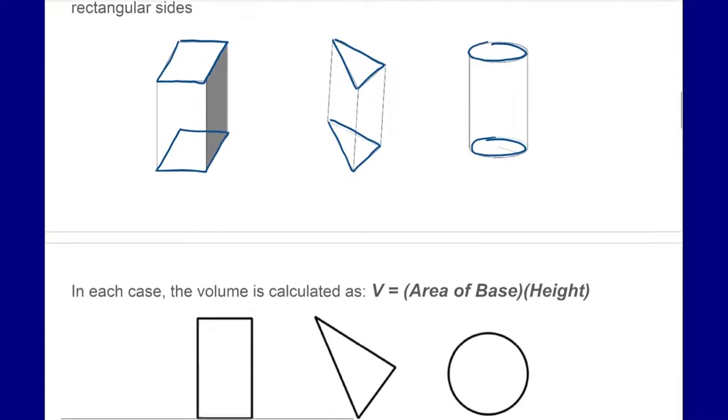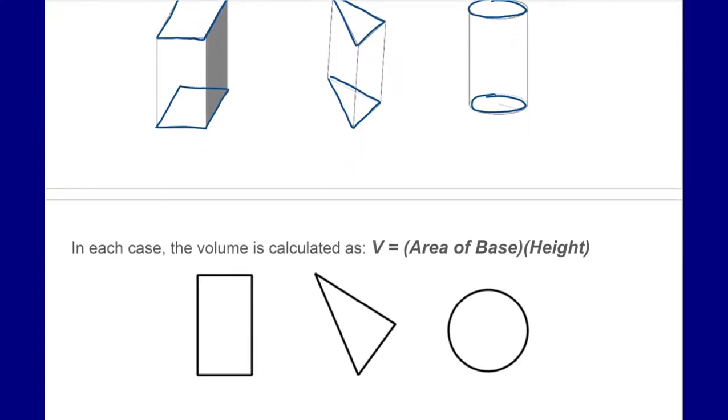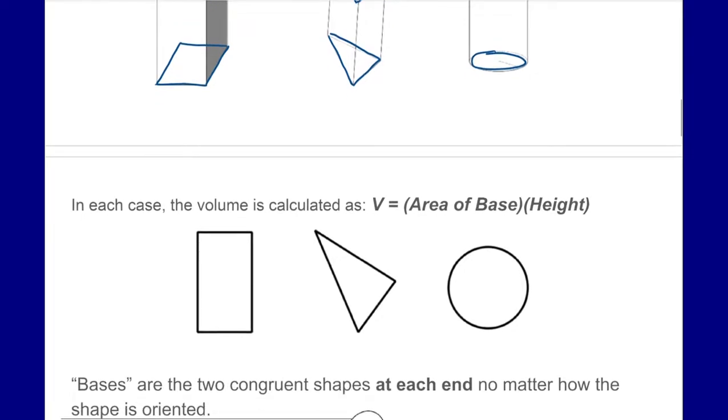So in each case of each prism and cylinder, the volume is calculated by a general formula, which is volume is equal to the area of the base times the height. So it doesn't matter what your prism is or what your cylinder is, as long as you can find the area of the base, you can multiply that by the height and you will find the volume.